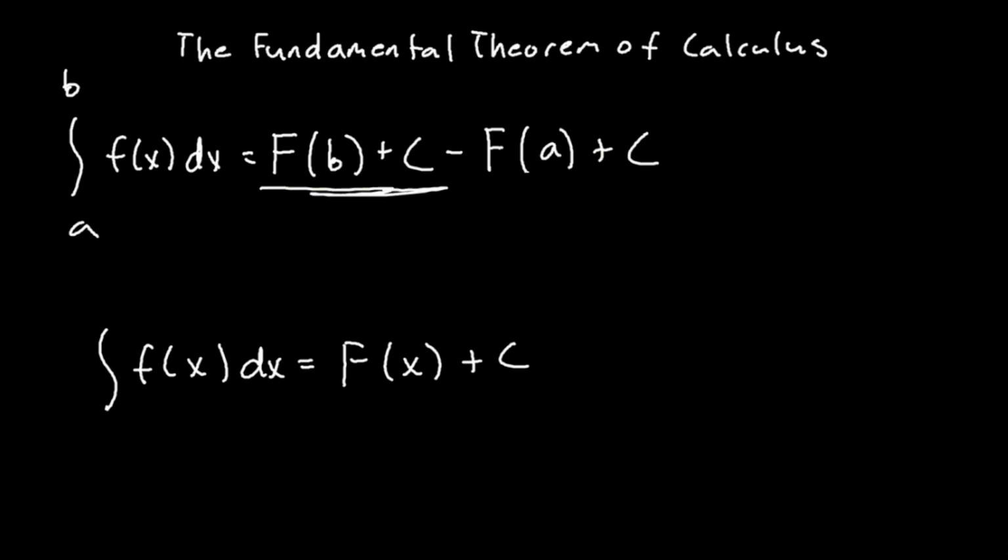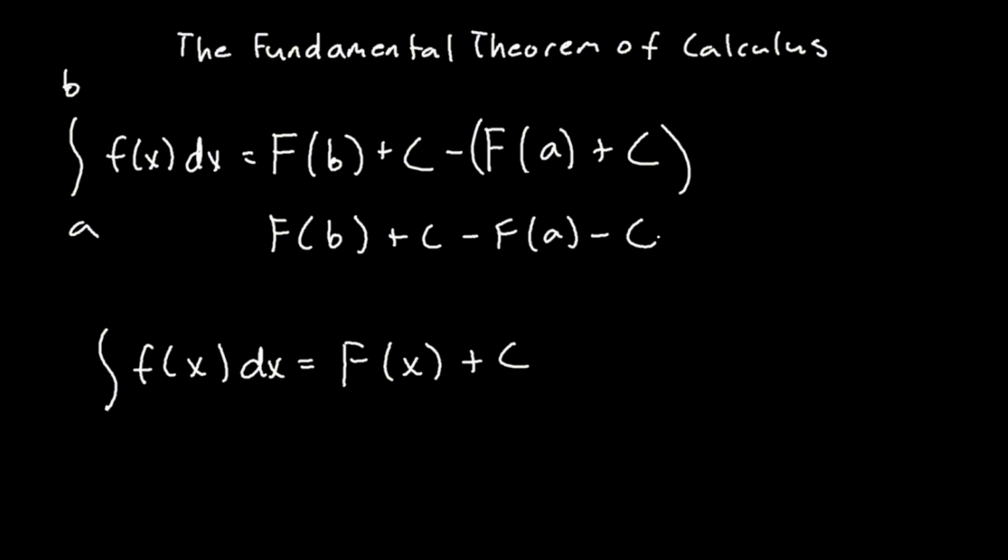Essentially, the antiderivative arbitrary constants will both be the same. But this negative actually distributes into F. So if you write F of b plus c minus F of a minus c, since this minus distributes into the c, the c just cancels out.